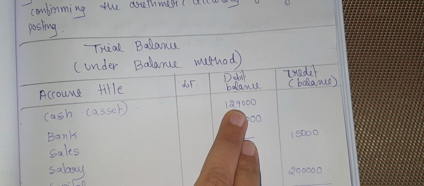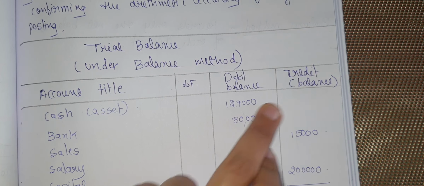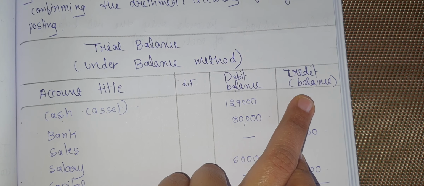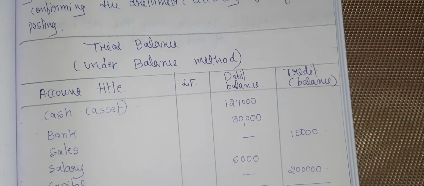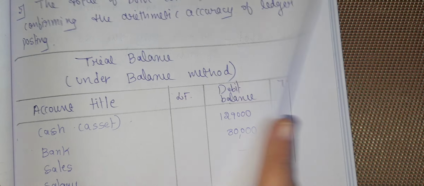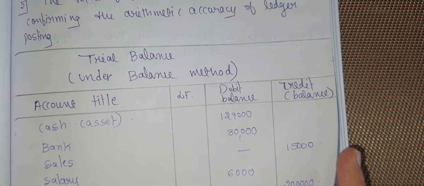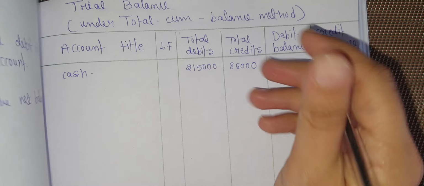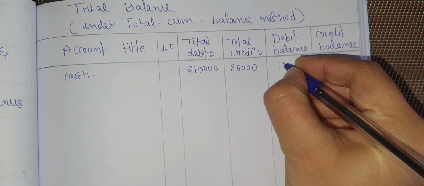For cash, debit balance 1,29,000 and there is no credit balance. Rupees 1,29,000.